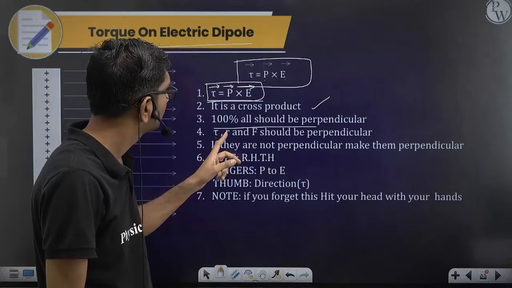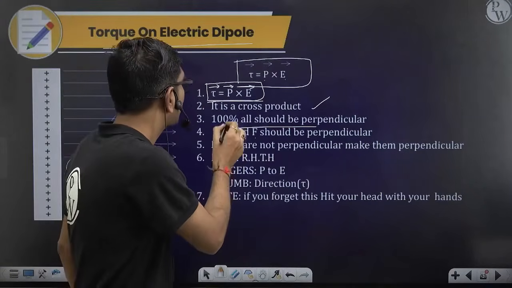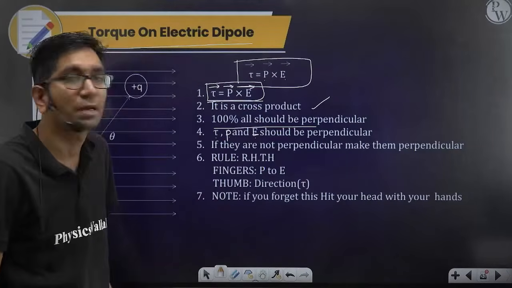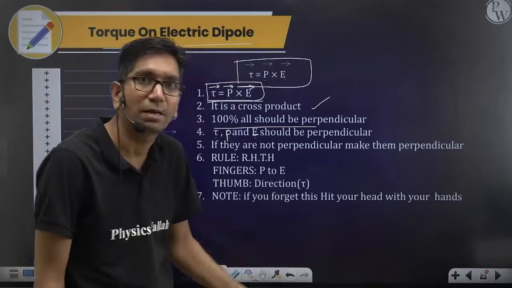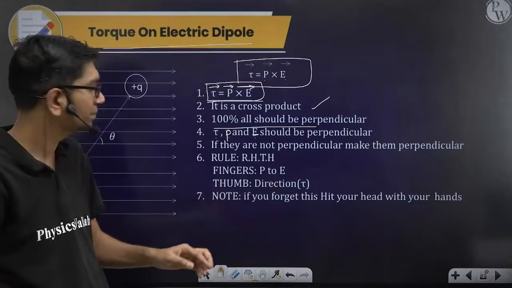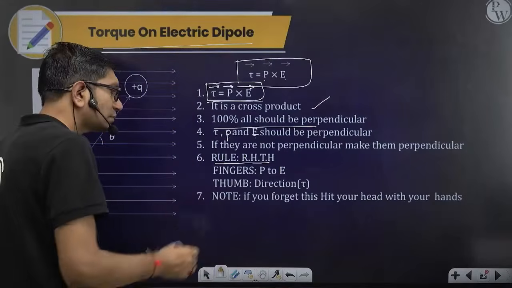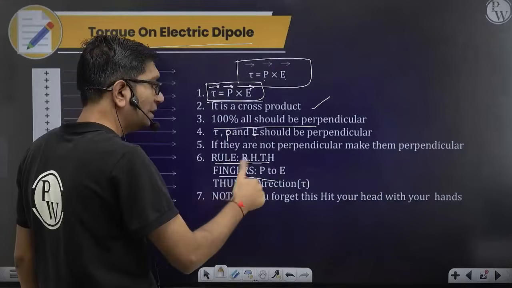Torque, R and F, or P and E, should be perpendicular to each other. If they are not perpendicular, make them perpendicular by using components. The rule is the right hand thumb rule. Fingers from P to E.